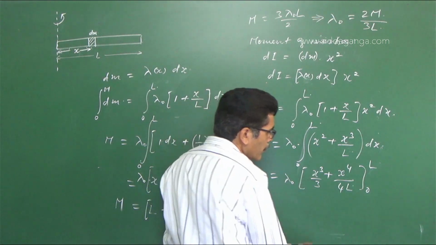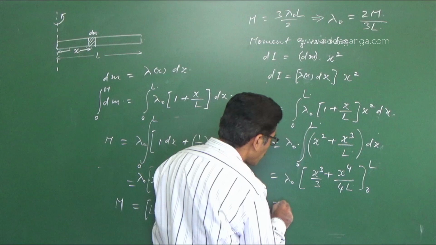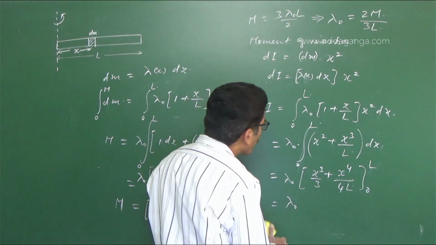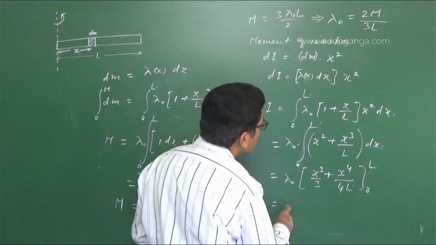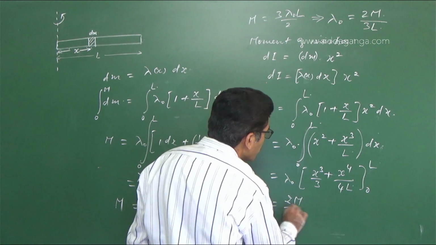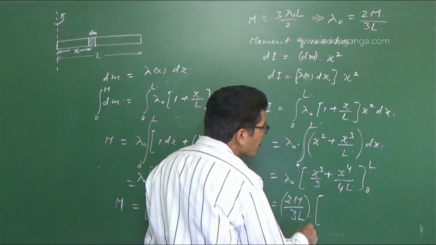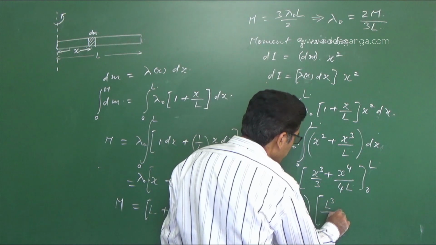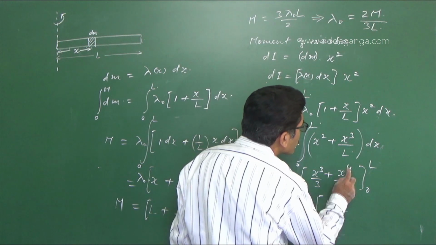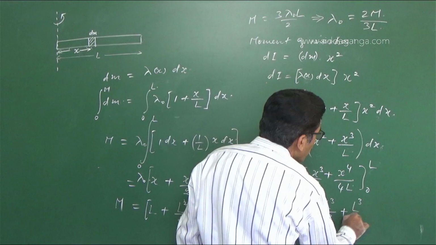So this becomes equal to lambda naught. What is lambda naught here? Lambda naught is 2m by 3L. So this comes out to be L cube by 3 plus L cube by 4.